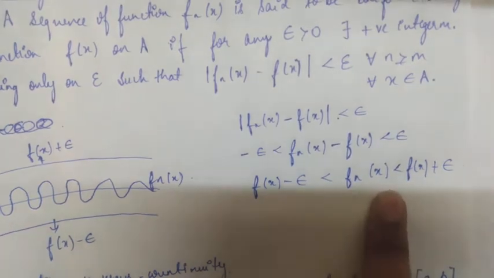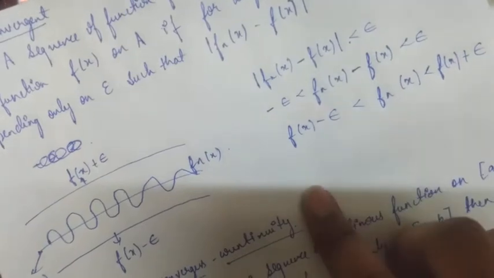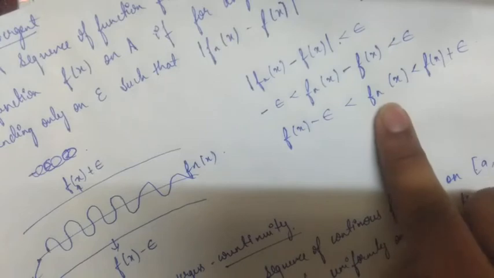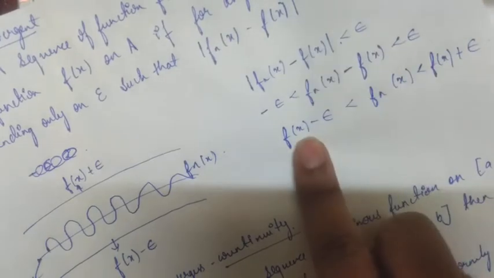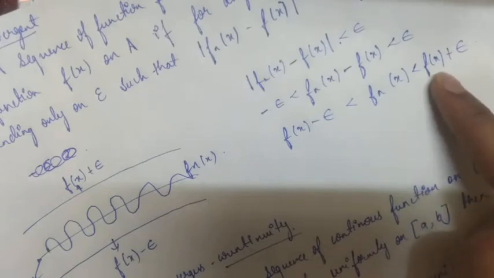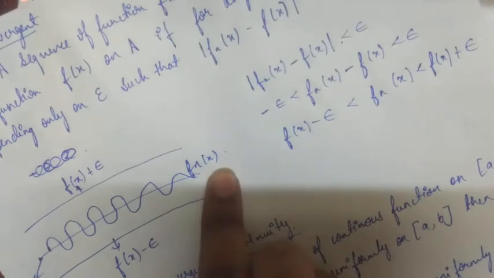That means, let me show in a diagram. So fn of x lies between f of x minus epsilon and f of x plus epsilon. That is, let's take this as fn of x.